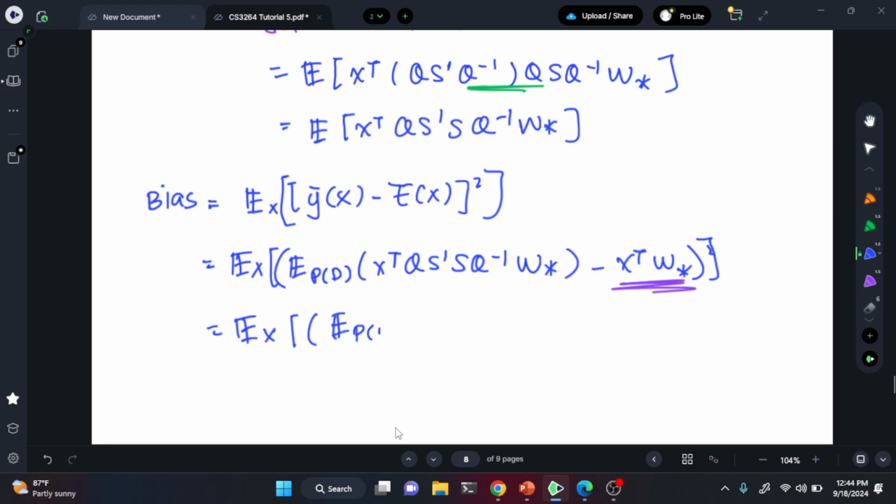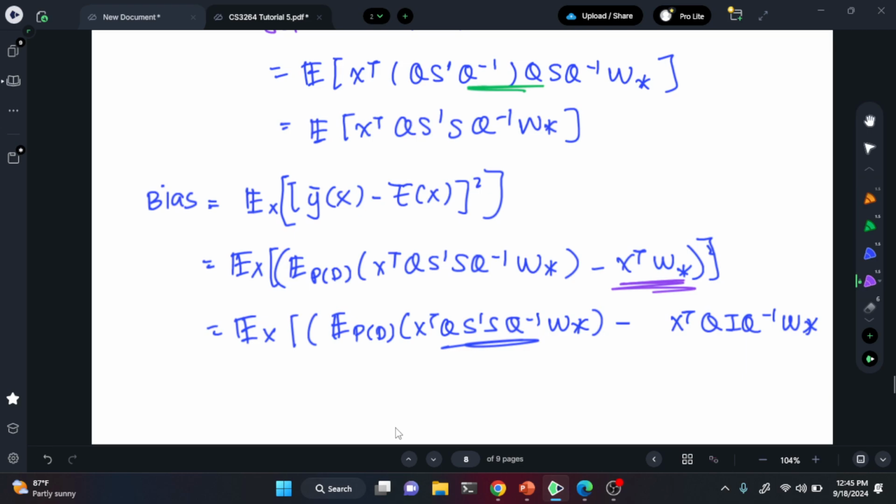This will be expectation over PD of this whole part minus, now since this is a constant, if I take any expectation of this, it should not be any problem. We put this x^T, then to follow this form, I will just put this as Q Q inverse w star. Note that Q times Q inverse is just identity, which is just doing nothing. So this part is just an additional way of expanding it further.